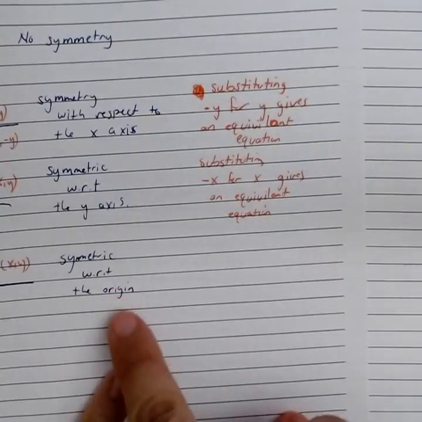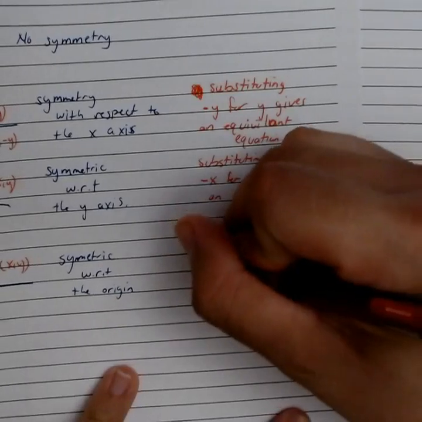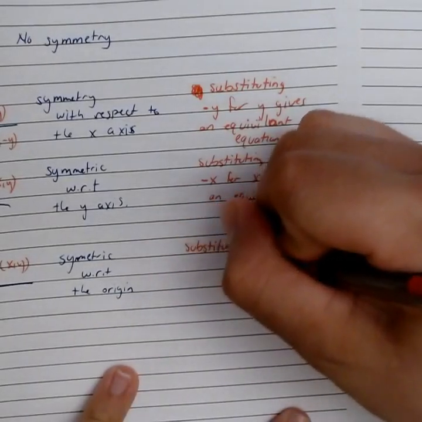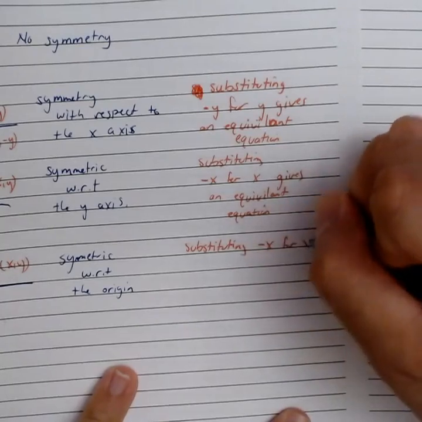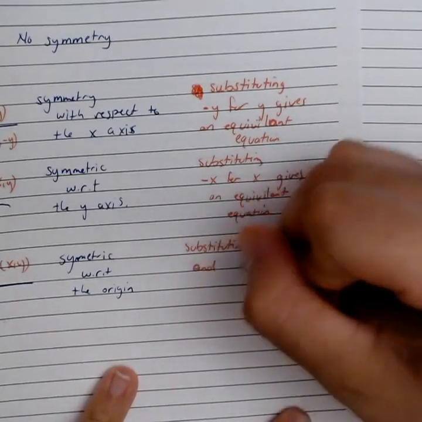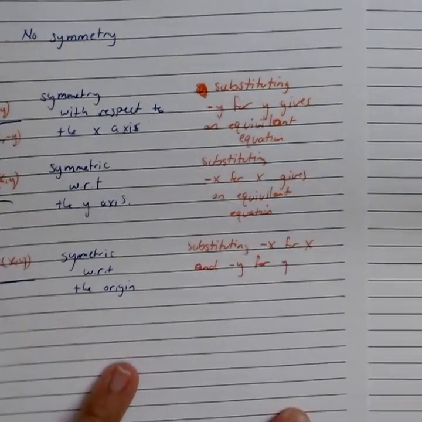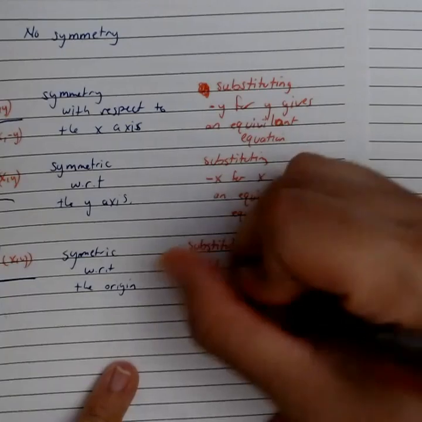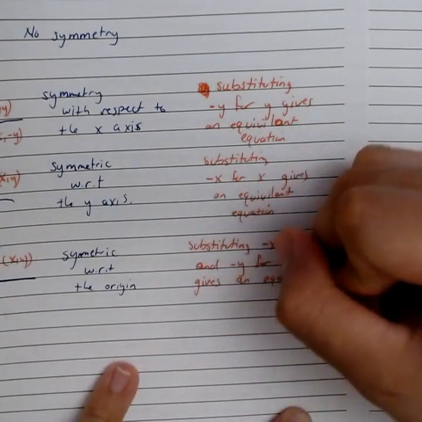And symmetry with respect to the origin, both are going to be true. Substituting minus x for x and minus y for y gives an equivalent equation.